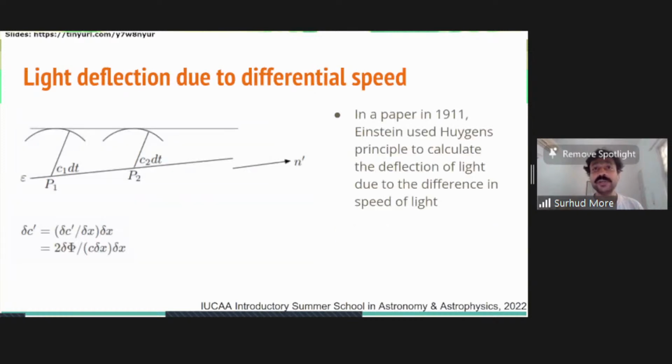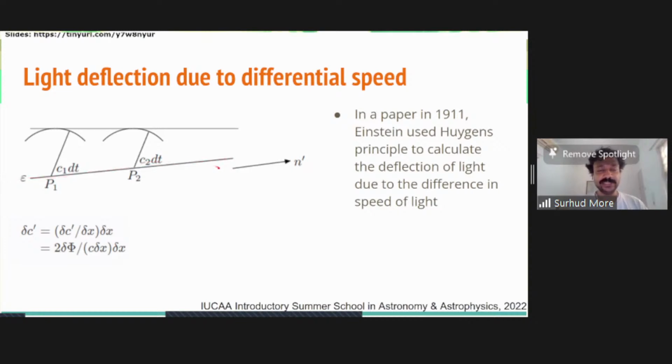So let's look at how he derived this. In a paper in 1911, he used a very clever technique in order to figure out what this deflection angle should be. He used something called the Huygens principle. So if you look at a wavefront, and let's look at this particular wavefront epsilon.